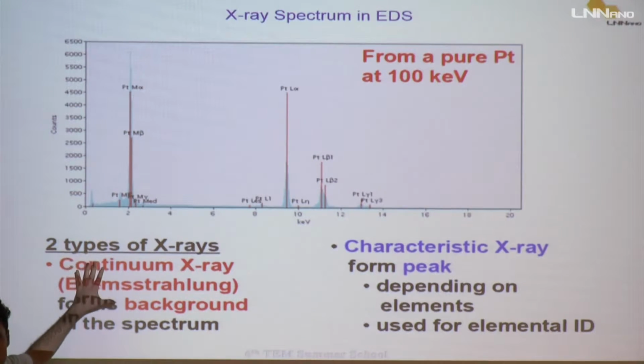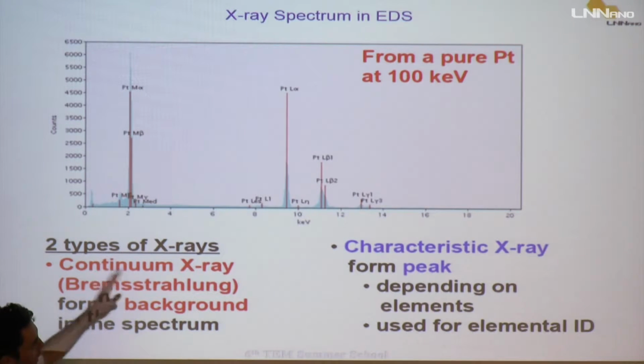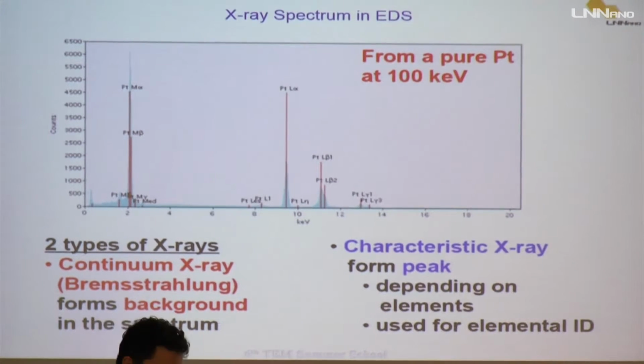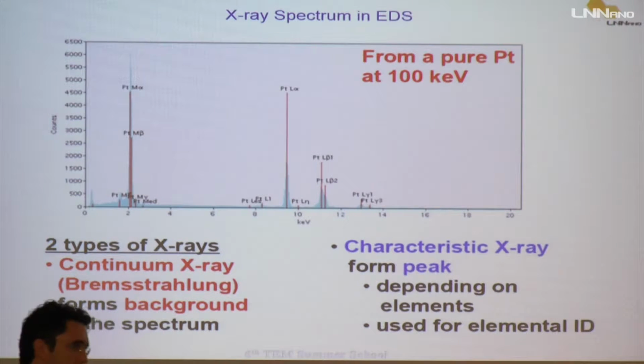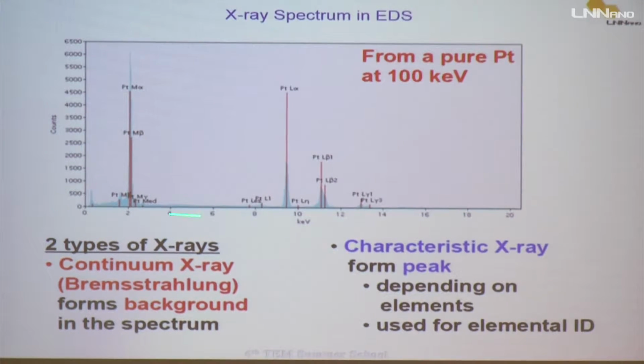Well, we have this noise, the bremsstrahlung, and the characteristic X-ray peaks, which depend on the type of elements that you have in your specimen. Here we have pure platinum, and we can see the platinum M signal here, platinum L, and so on, and many different peaks of the same element, and we'll see the difference between them in some slides. But this is the idea. We have the peaks and the background, okay?